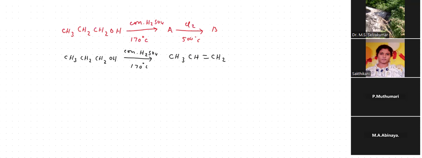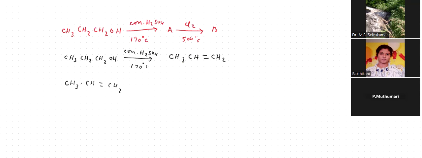So when CH3, CH, double bond CH2 is chlorinated at a high temperature, at very high temperatures radical substitution will take place. So radical substitution takes place here, giving CH2Cl, and the double bond remains undisturbed.